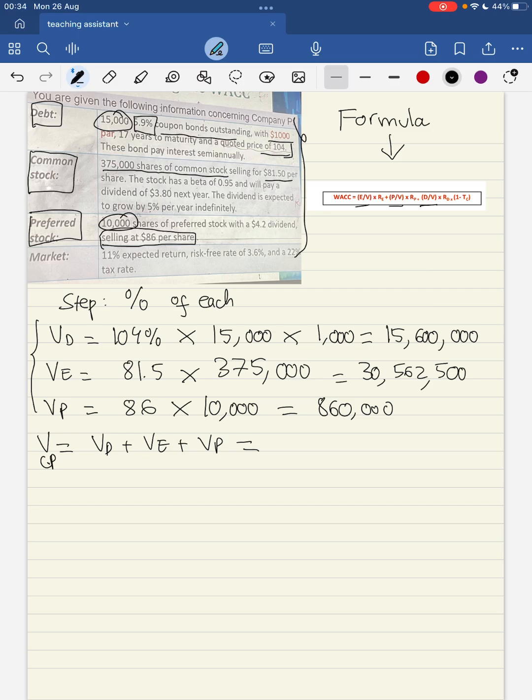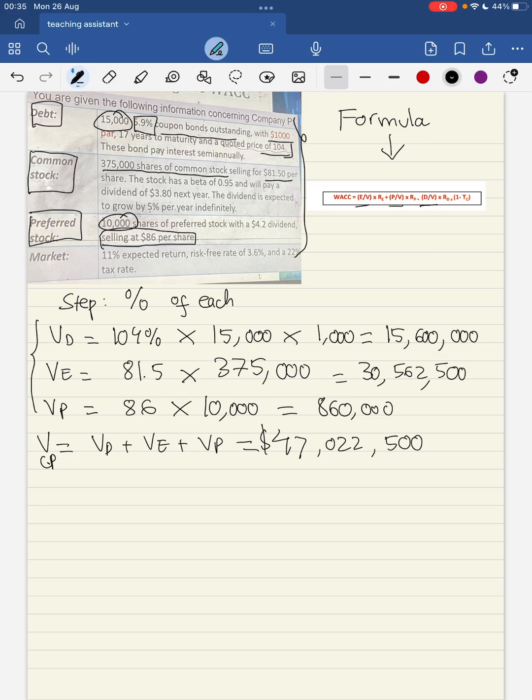This will be equal to 47,022,500 US dollars. So now that we have found the total value of the company, we can easily find the percentage of each component accounted for in the capital structure.